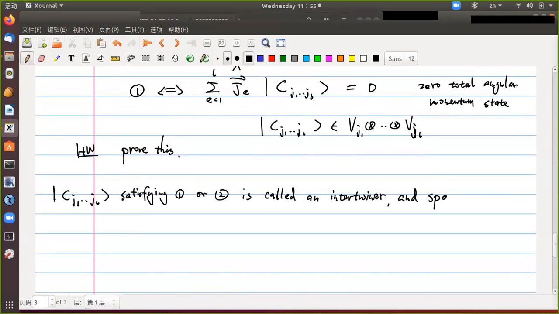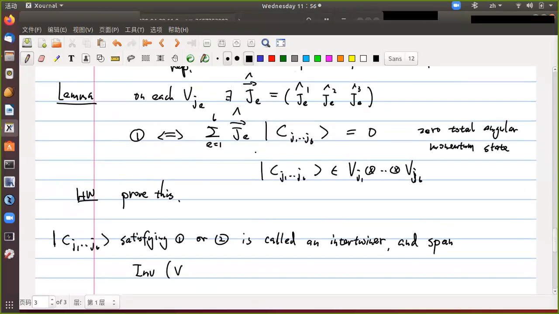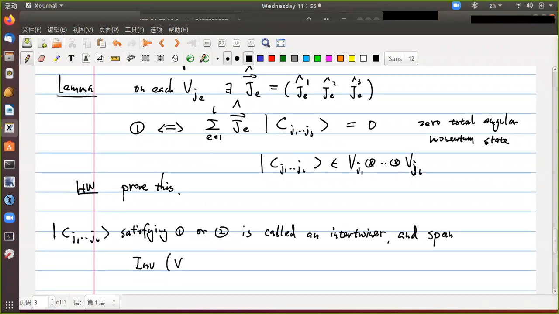And it spans the invariant subspace. Clearly this equation is a kind of eigenvalue equation with zero eigenvalue, and clearly it defines a subspace in this Hilbert space.